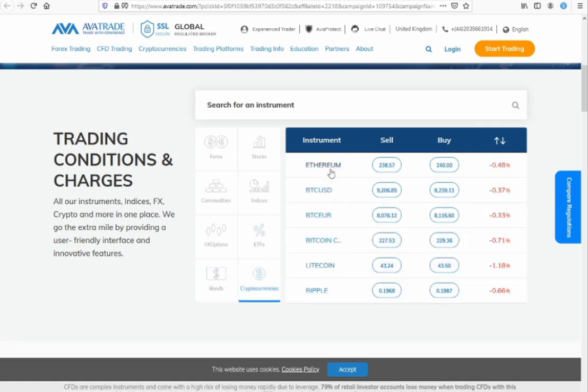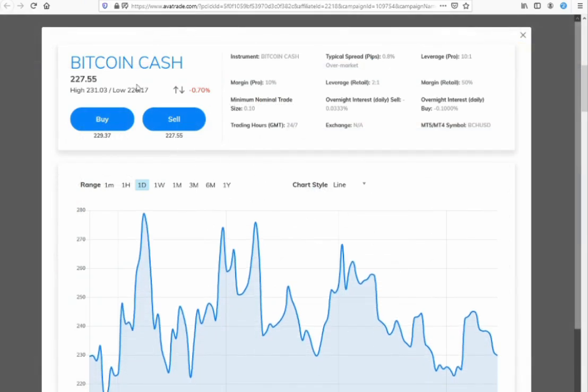And cryptos, you have to be careful. You have to understand what the broker's doing. So Bitcoin here, for example, what price is this? Bitcoin Cash. Okay, I'm not sure how they, because obviously the Bitcoin price is $9,000 or something. I don't know if this is an ETF. BCH USD.